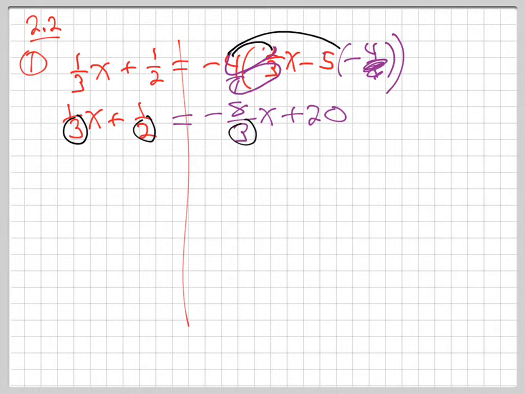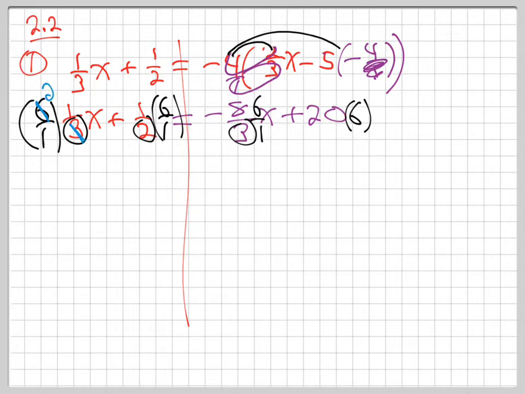What do 3 and 2 both go into? 6. So multiply by 6 over 1, 6 over 1, 6 over 1, and you can just write 6 here because it's not a fraction. It will be easier. Okay, so now what happens? Well, they cross cancel, right? 3 goes into 6 2 times, and we get 2x. 2 times 1 times x is just 2x.